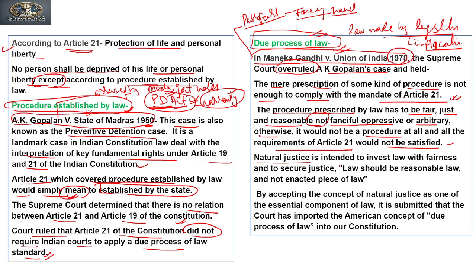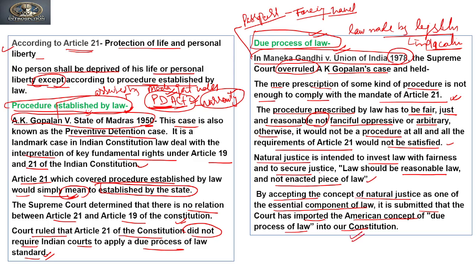Natural justice is intended to invest law with fairness and to secure justice. Law should be reasonable law and not merely an enacted piece of law. By accepting the concept of natural justice as one of the essential components of law, it is submitted that the court has imported the American concept of due process of law into our Constitution.